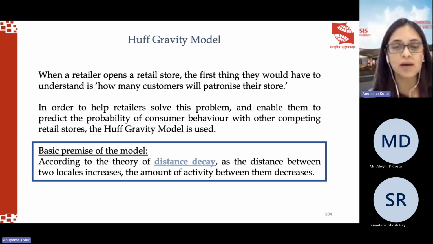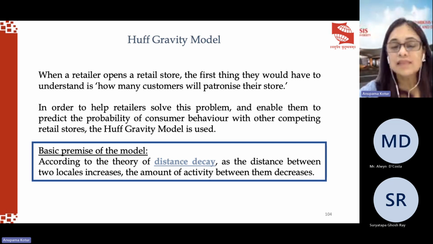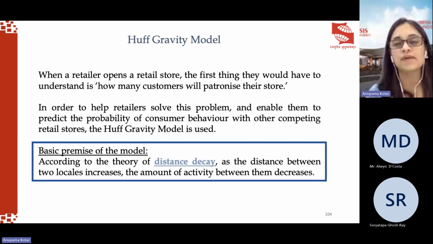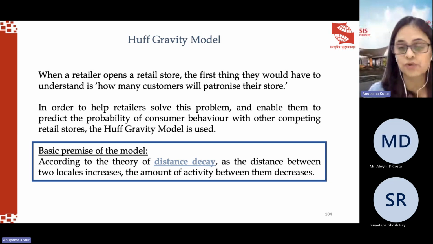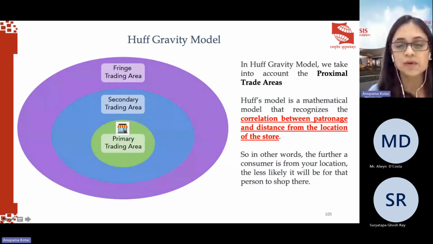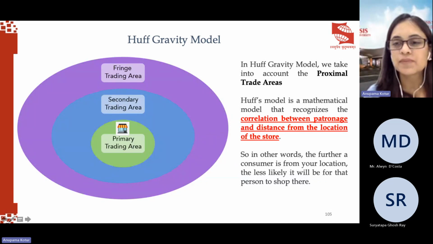And borrowing the same concept in retail, we are saying that the farther the store, the lesser is the likelihood of people dropping into your store or patronizing your store. That's the concept of distance decay, right? And then let's look at Huff's gravity model. This particular model is actually based on the proximal trade area that you learned about earlier.